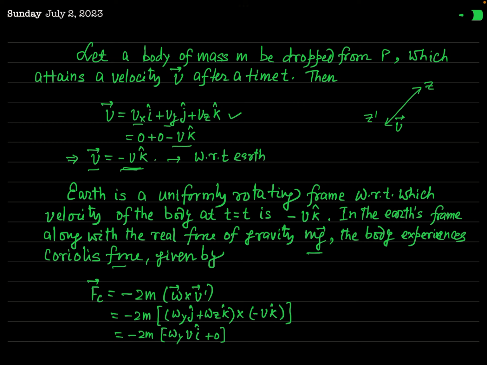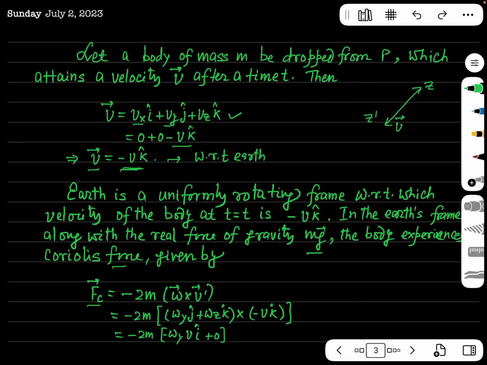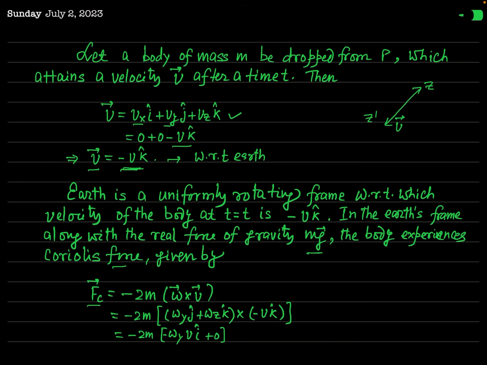First of all we will find the value of this Coriolis force. I have mentioned earlier that this Coriolis force is given by minus 2m omega cross v dashed, but here I have not assumed the velocity of the body with respect to the rotating frame as v dashed, but as v. So you can write this as minus 2m omega cross v.